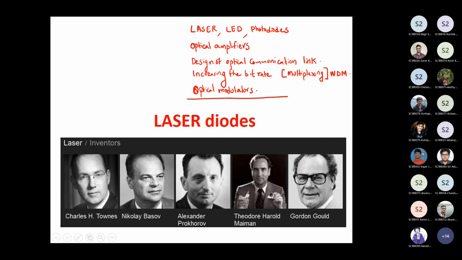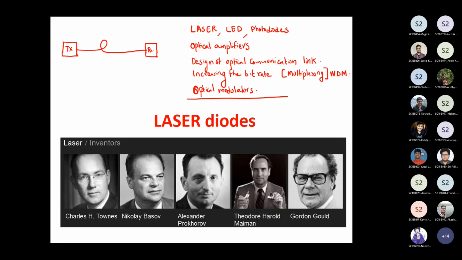Okay, so if you consider an optical communication link, it's going to have a transmitter, and then at the receiver side you are going to have a receiver. Between them you are going to have an optical fiber or an optical waveguide.